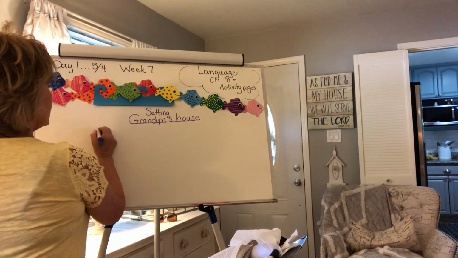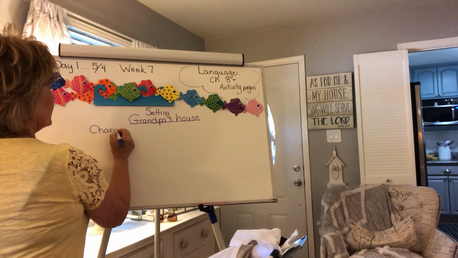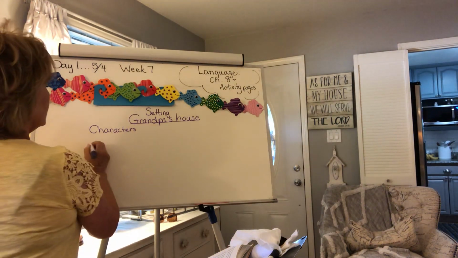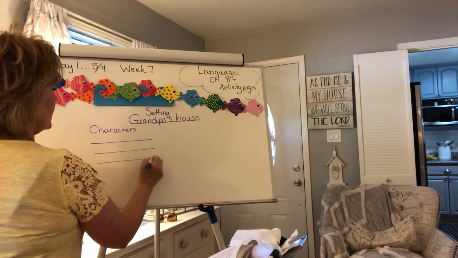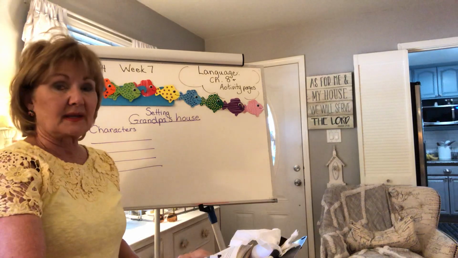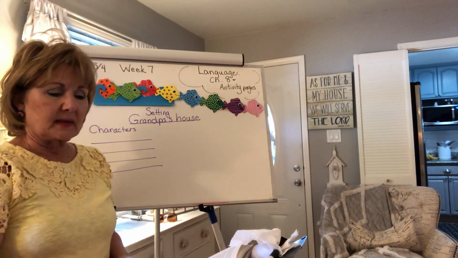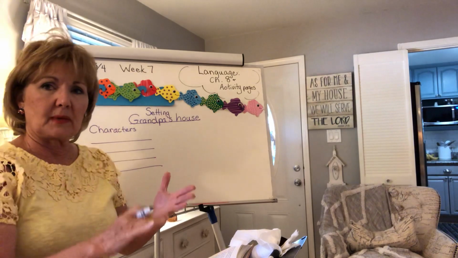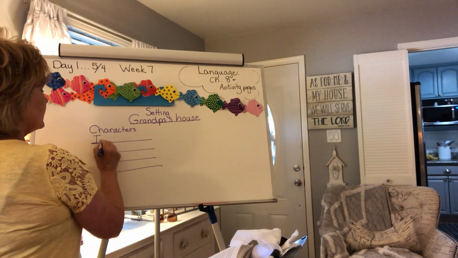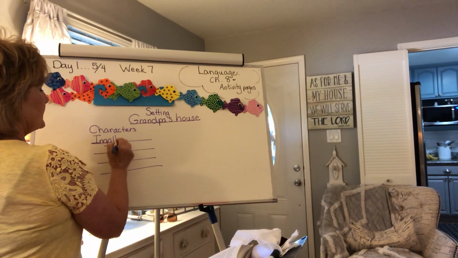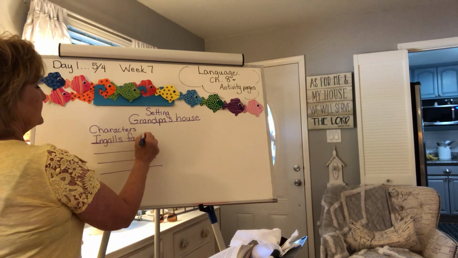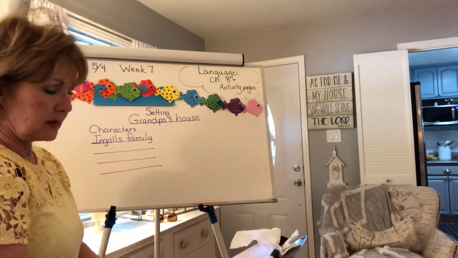And then you've got characters. And how many lines do they give you? 1, 2, 3, 4. How about, there's a lot of characters, a lot more than 4. How about instead of saying Laura, Carrie, Mary, Pop, that'll take everything. How about if we say Ingalls family, and that would include all of them, okay?